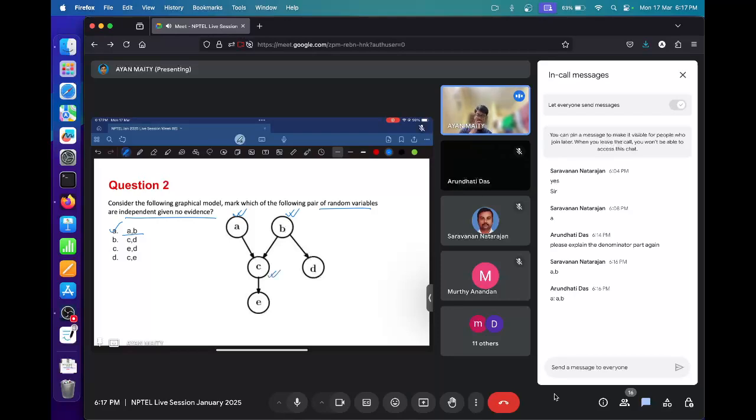If C or E was given, in that case, these two would not have been independent of each other. If C was given, that would be a path from A to B, and in that case A and B would have been dependent on each other. But C or E, no other variables are given. So if no variable is given, in that case A and B would be independent of each other.